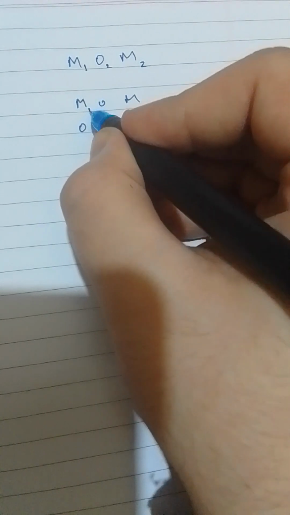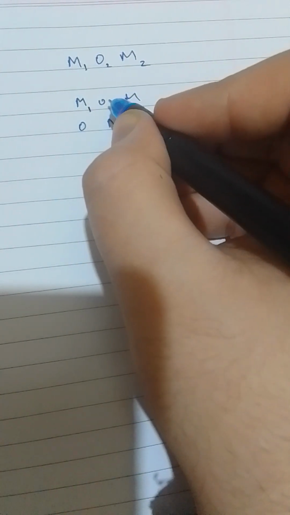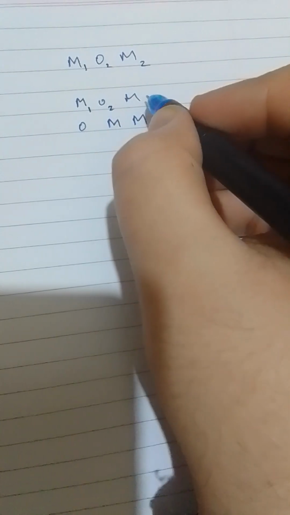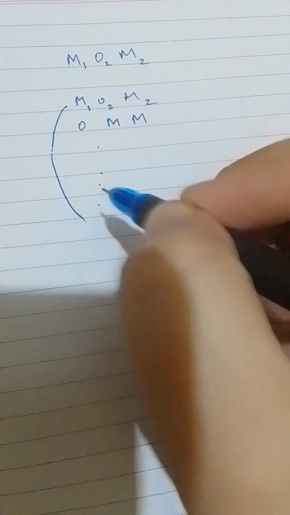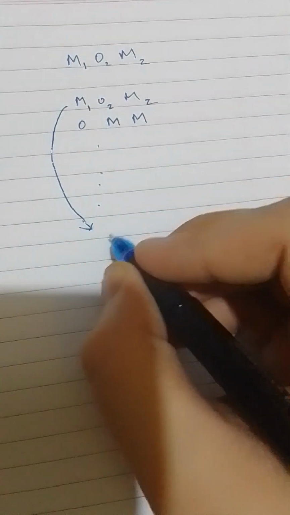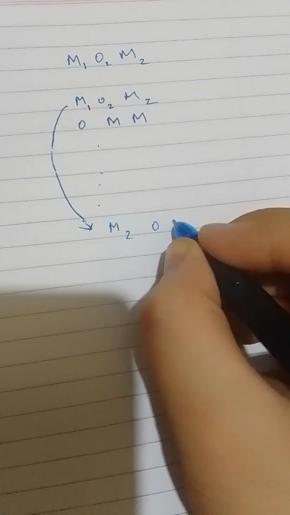There could be another permutation, OMM. But if I number these, so the first M is 1, the O is 2, and the other M is 2, then you can have one permutation where you took the first letter and then the other, and another permutation where this permutation repeats itself, because it could become M2 O M1.